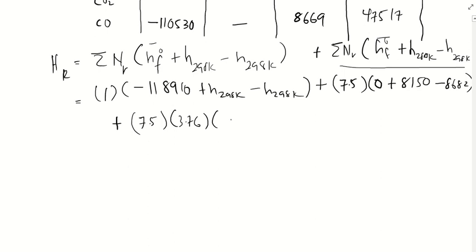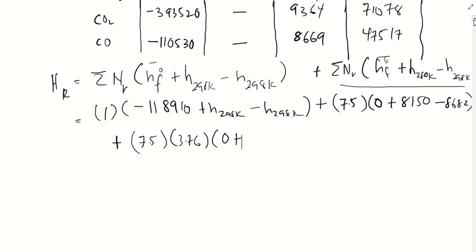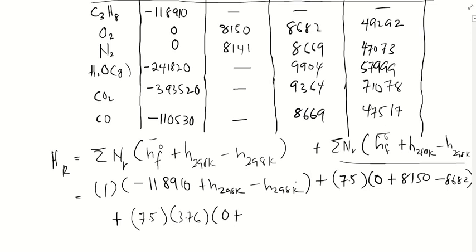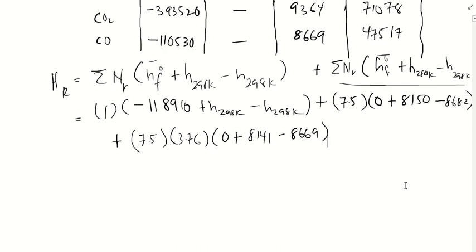Enthalpy of formation is 0 plus 8141 minus 8669. So if you calculate this one, you produce the enthalpy of the reactants.